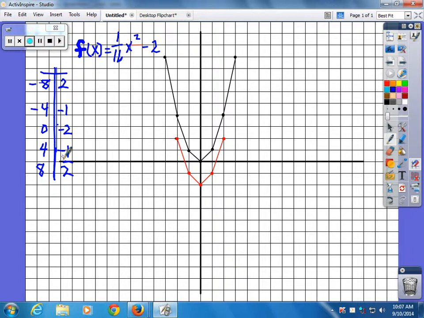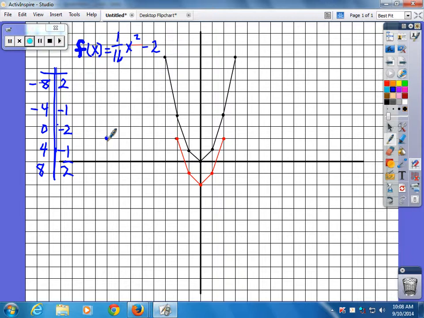Let's see what happens. Negative 8, negative 2, negative 8, 1, 2, 3, 4, 5, 6, 7, 8, and negative 2. Positive 2, positive 2.